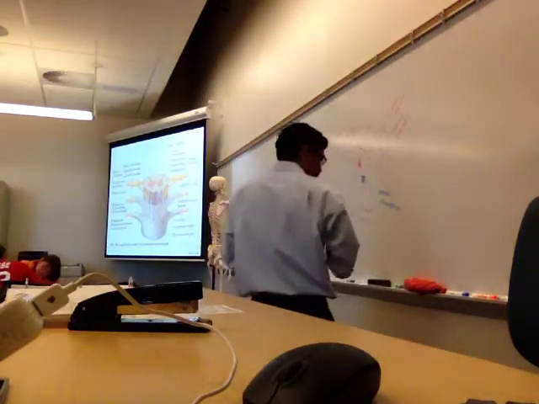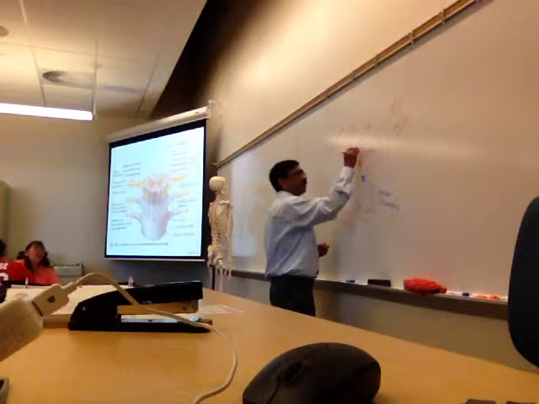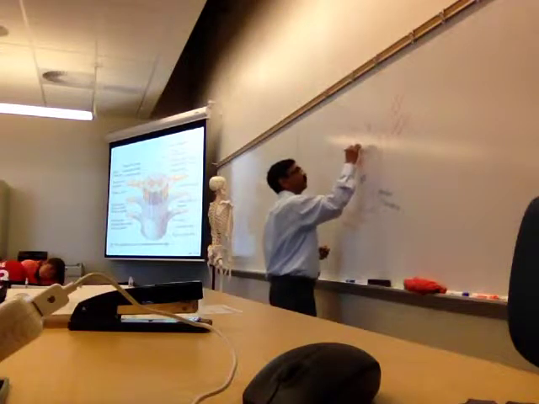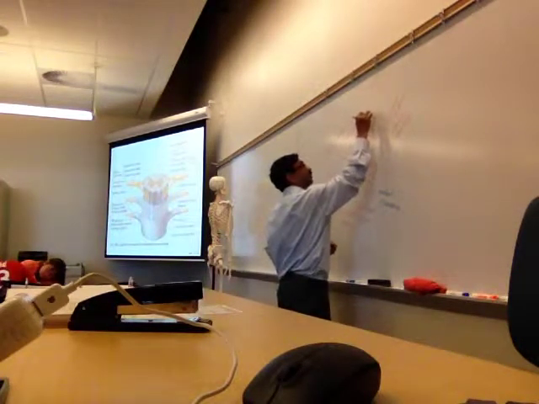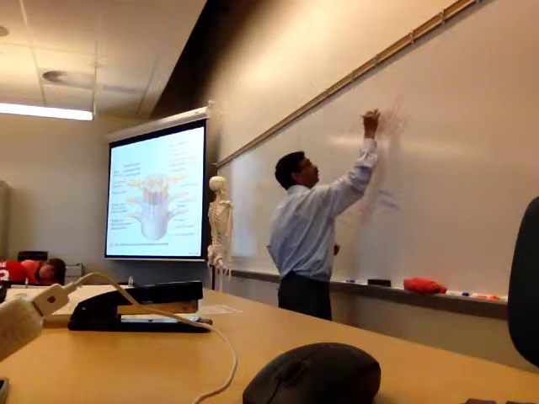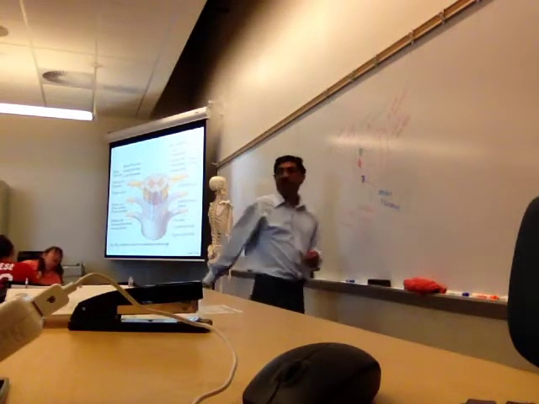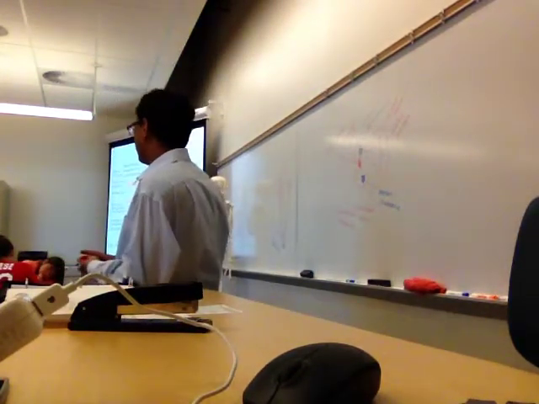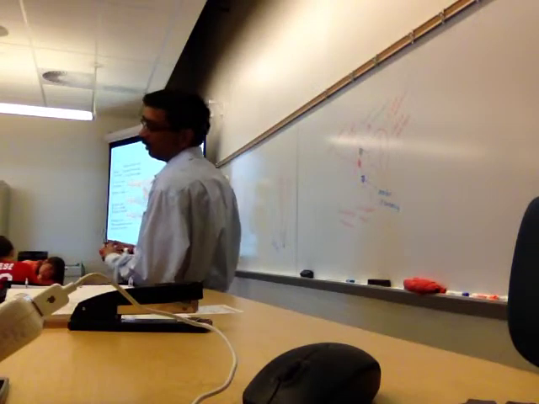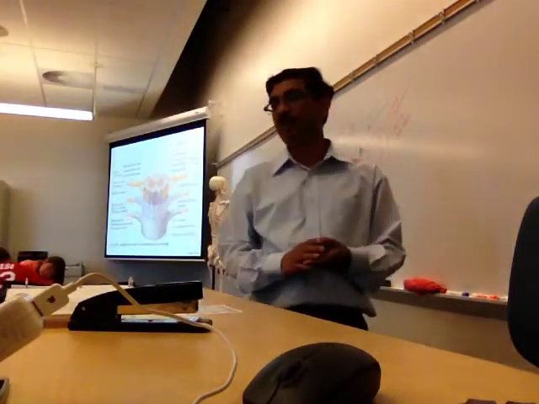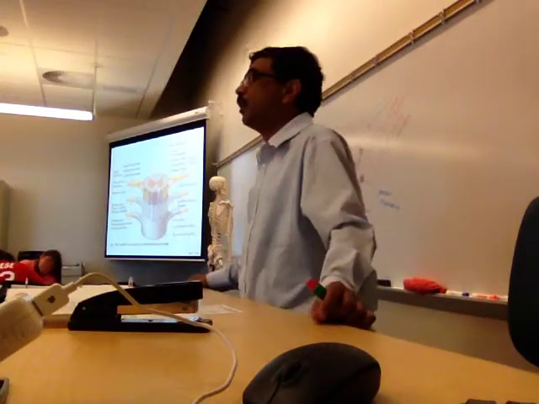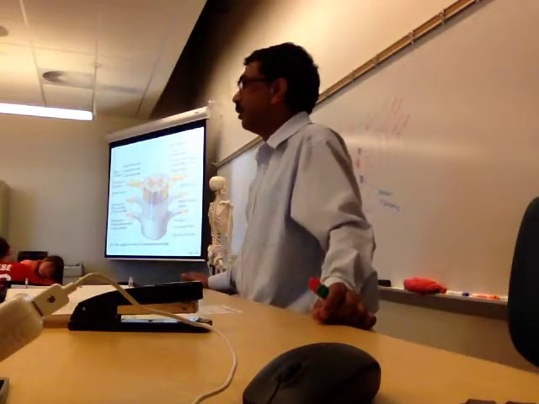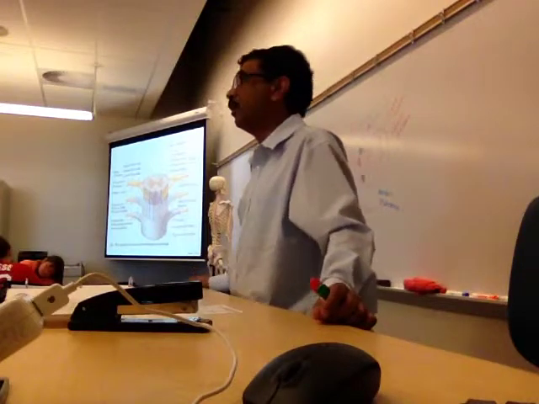And then in the dorsal horn, the neurons are called sensory neurons. Okay? So you got 3 groups of neurons. One group in the ventral horn, another group in the lateral horn, and the other group in the dorsal horn. And the 3 groups of neurons are different from each other: motor neurons, sensory neurons, and autonomic neurons.